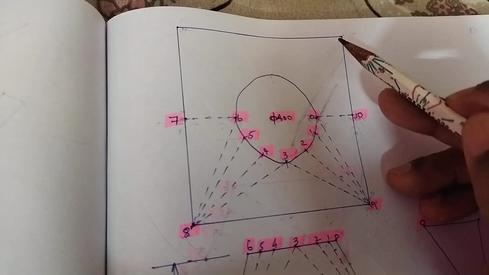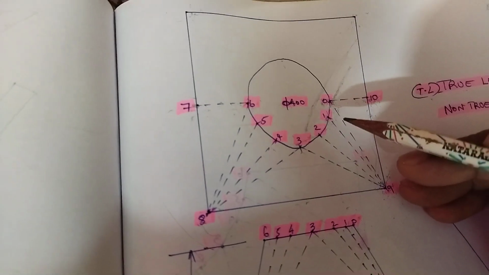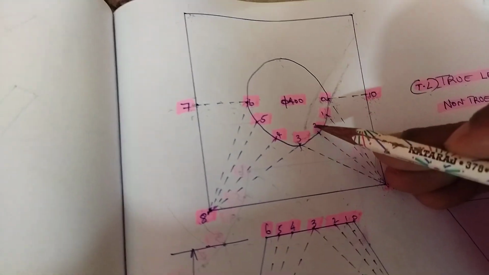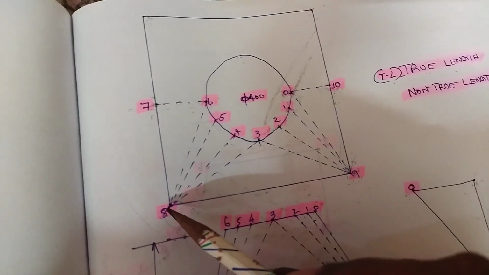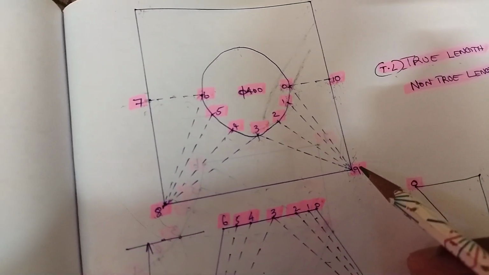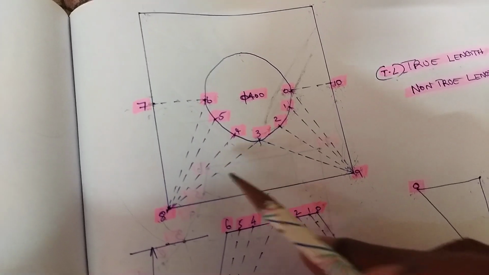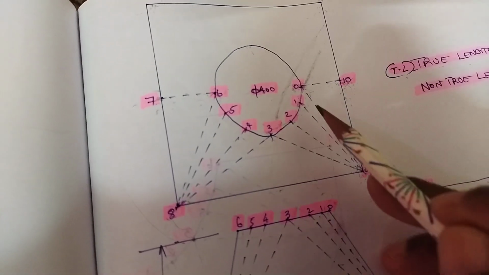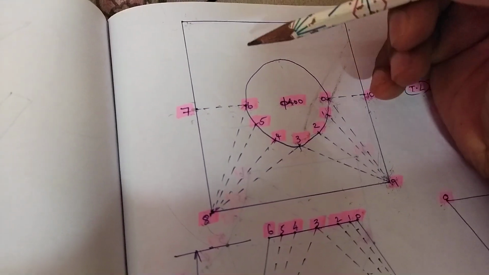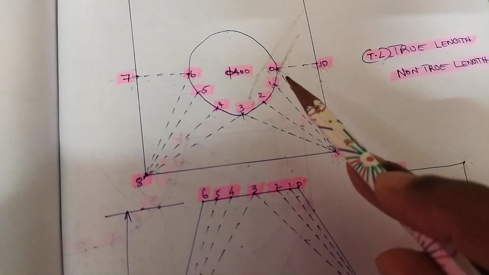So if you mark this left side, the right side we also have to mark. 8 to 4 and 9 to 2 are same. 8 to 5 and 8 to 4, and 9 to 2 and 9 to 1 are same.